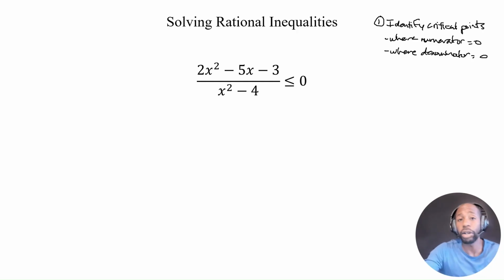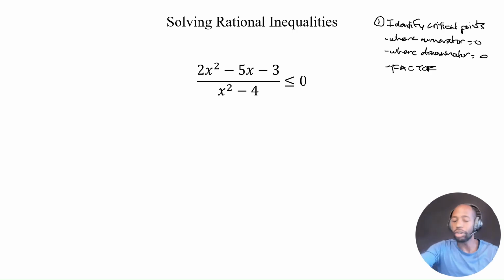But where the denominator is equal to 0, that represents places where this particular rational expression does not exist. Whenever a denominator goes to 0, that just represents somewhere where a function doesn't exist. It can't be equal. It'll never be equal at that point. Okay? So we're going to identify the critical points, and a lot of times we'll need to factor first.